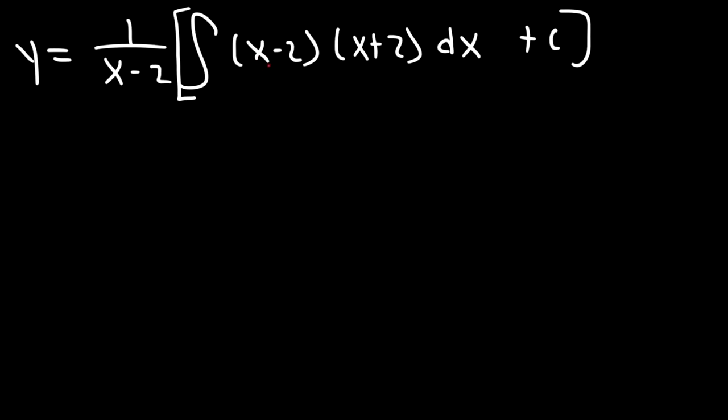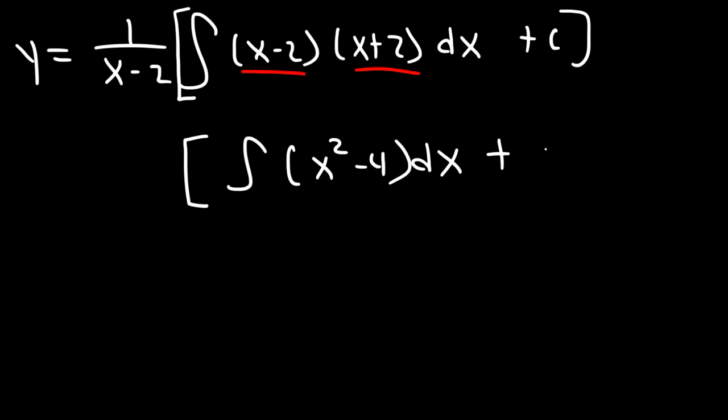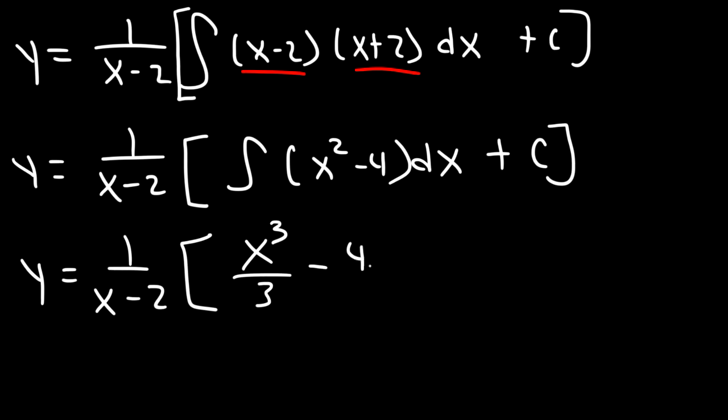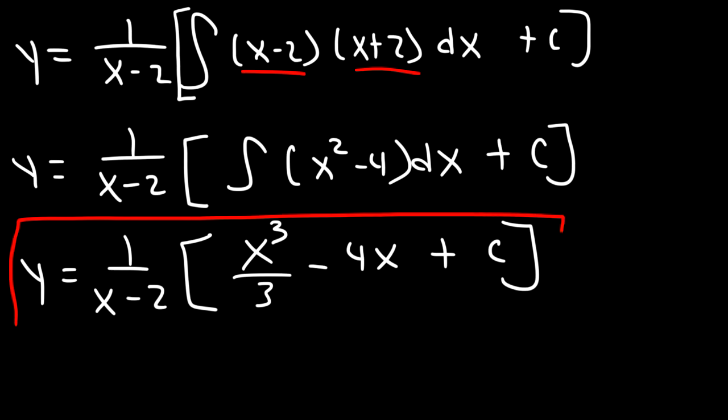Now, if we FOIL x minus 2 and x plus 2, that's going to give us x squared minus 4. And now the antiderivative of x squared is x cubed over 3, and the antiderivative of 4 is 4x. So this is the final answer. That's the solution to the differential equation.